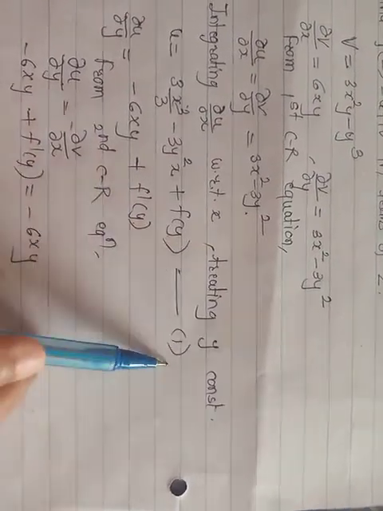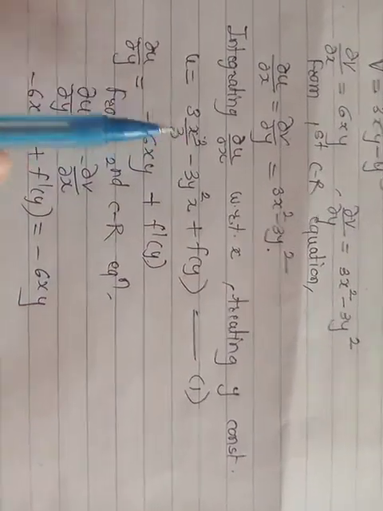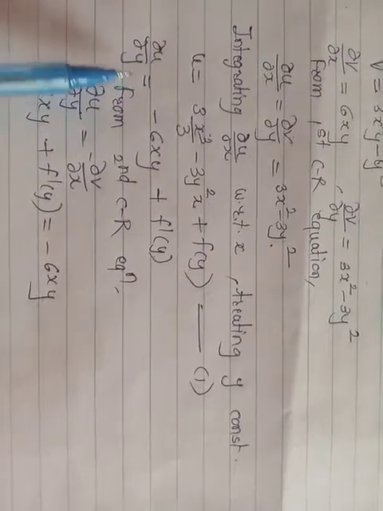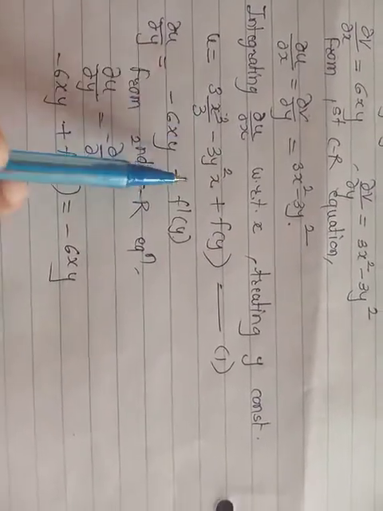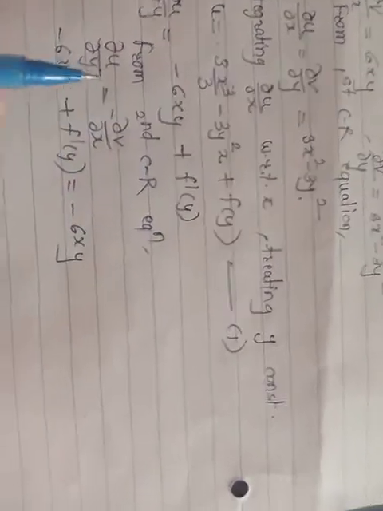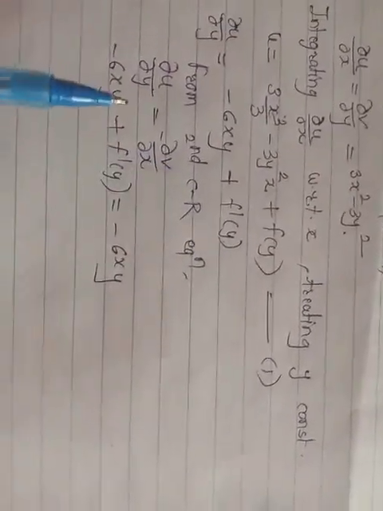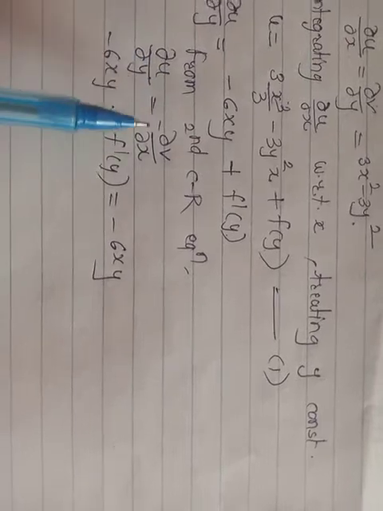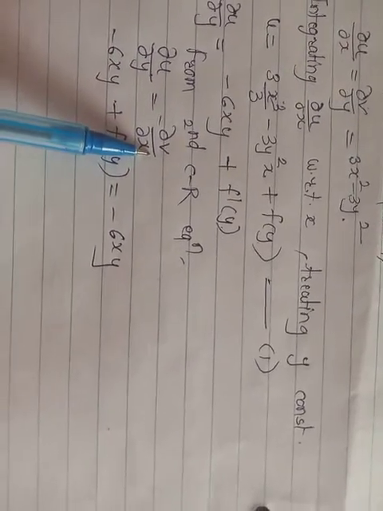Now let it be equation number 1. Now from this ∂u/∂y will be minus 6xy plus f dash y. Now we know that second CR equation is ∂u/∂y is minus ∂v/∂x.